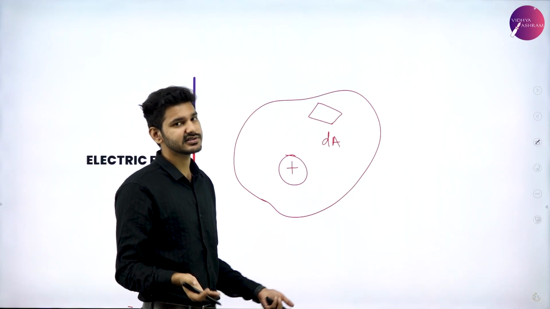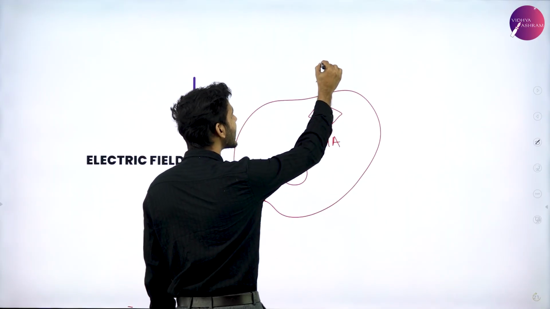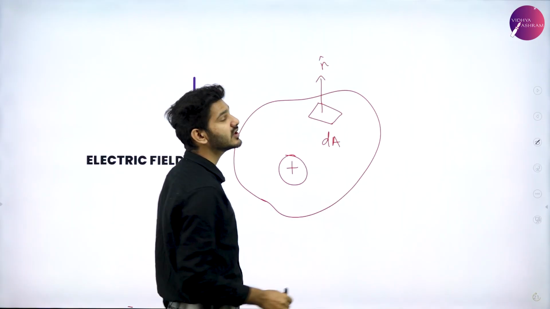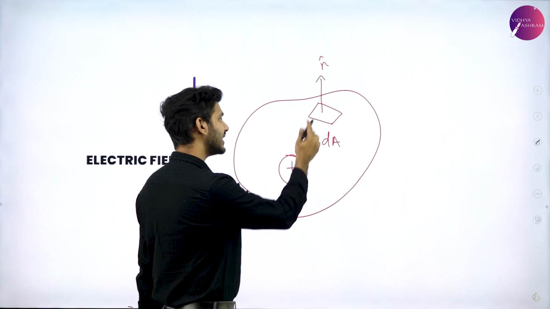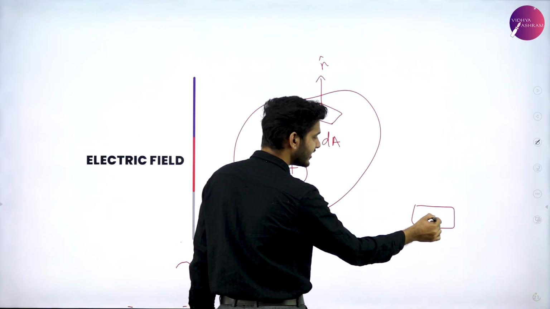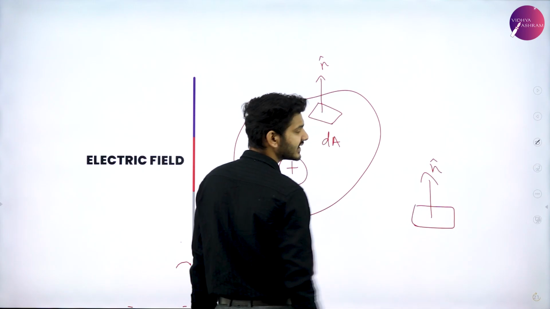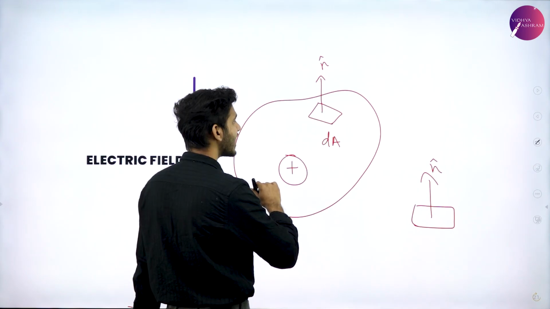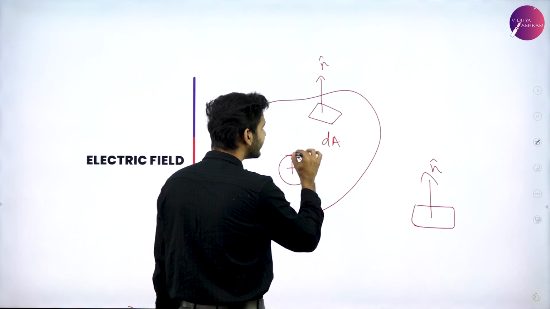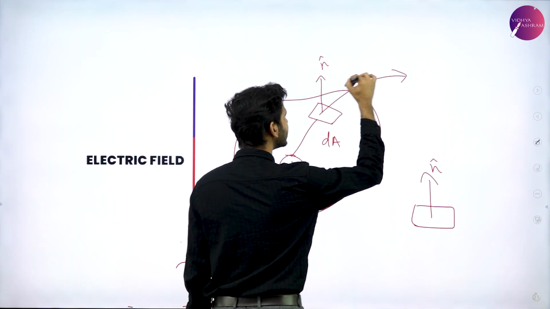If it's a large area, you can just take it as A. So this is N, which is the normal to that area. Then if you draw a perpendicular like this, that is known as n cap, which is just the normal. And finally, there will be field lines coming out, let's say, in this direction.